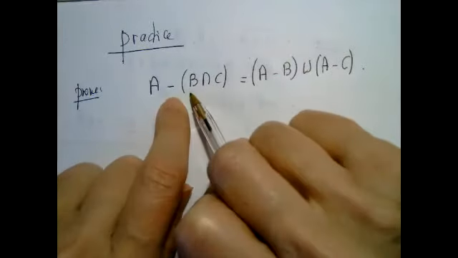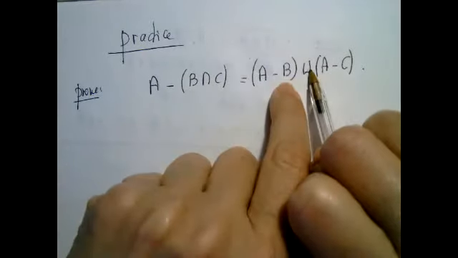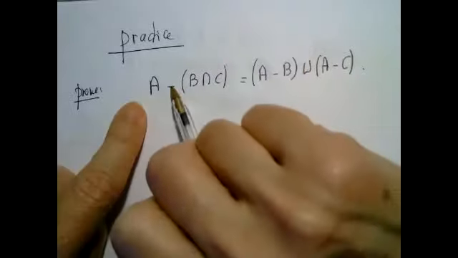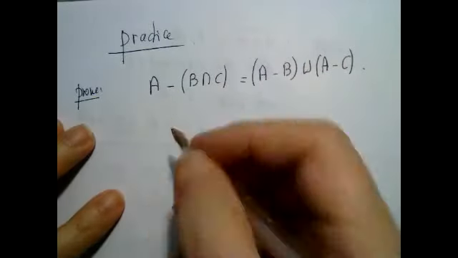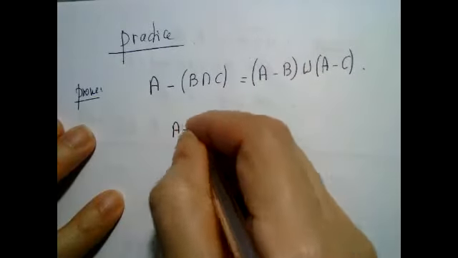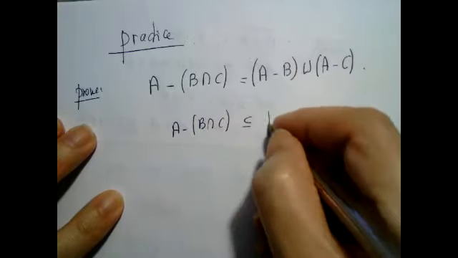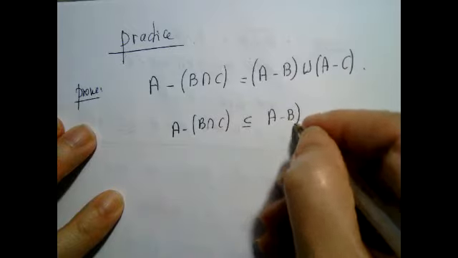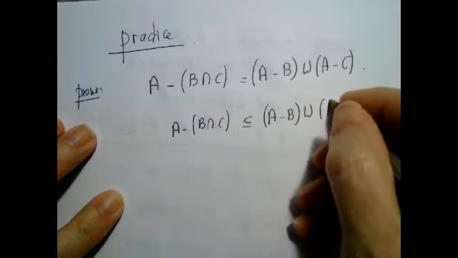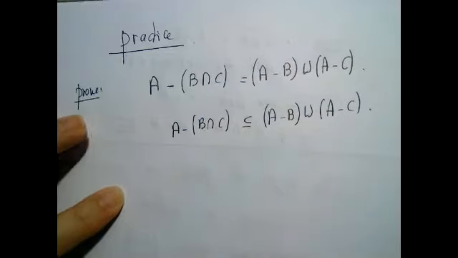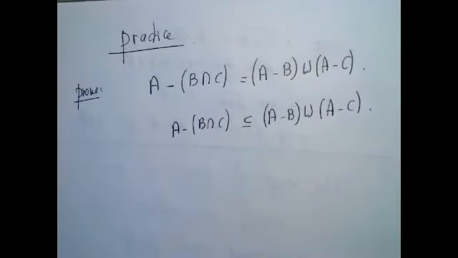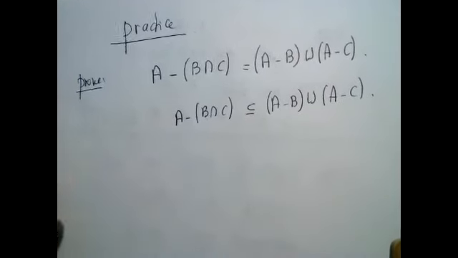It means I want to take an element here, show it's here. I want to take an element in here and show it is here. Okay, so we're going to start with the first one.